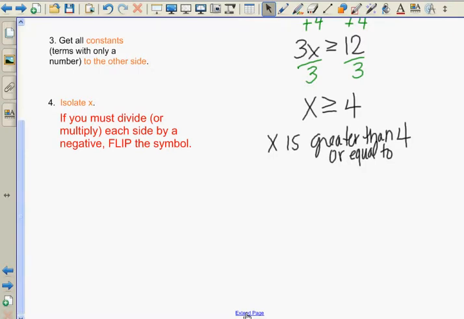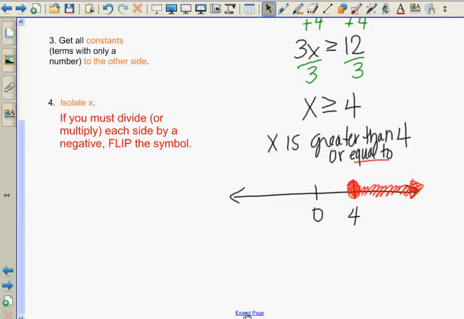So let's show where all those numbers are on a number line. So 0 in the middle, this time 4 is that way. And then we said greater than or equal to, so any number bigger than 4, if you pick it, it should work in that inequality. And to show that 4, since we said greater than or equal to, is also a part of this solution, we color in the circle.